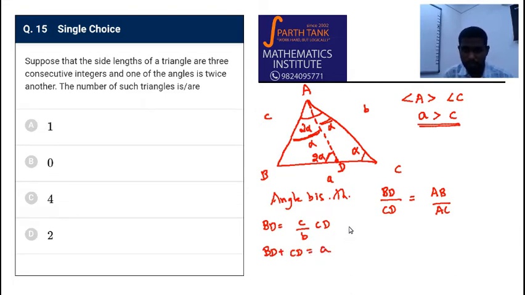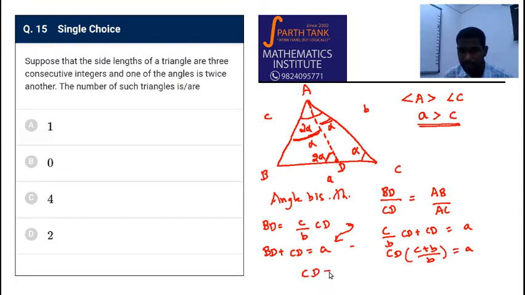So using these two equations, substitute 1 in 2, you get (c/b)·CD + CD = a, or CD·(c + b)/b = a, or CD = ab/(b + c).